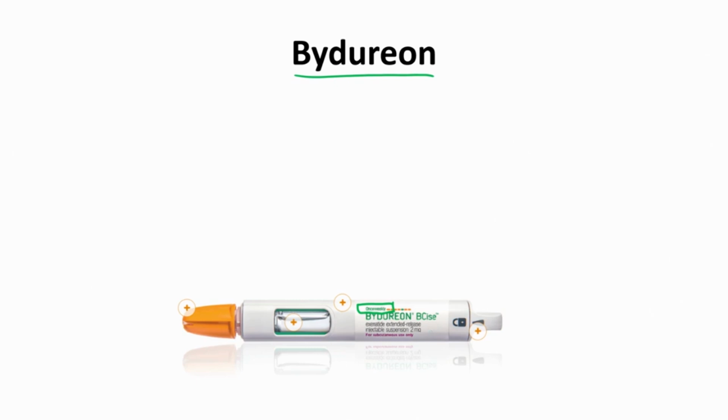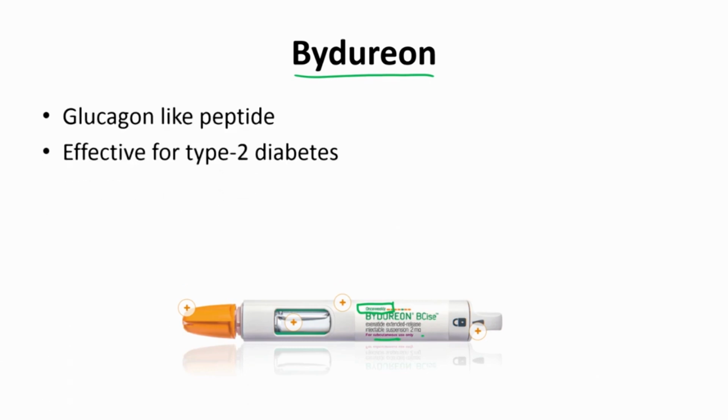It is an injectable system of 2 milligram dose, subcutaneous use only, as clearly written here, and essentially, instead of taking the drug every day, you can take it once a week. It is a glucagon like peptide, fairly effective in type 2 diabetes. If patients are becoming insensitive to insulin, you can give this drug, a glucagon like peptide, which is going to make sure your blood glucose is well maintained.